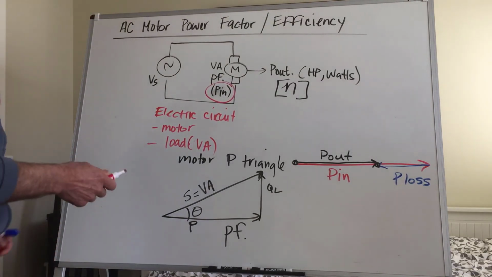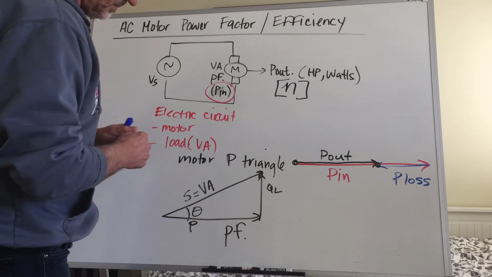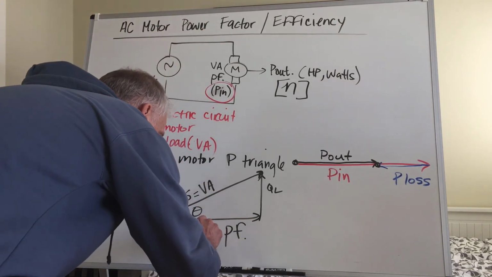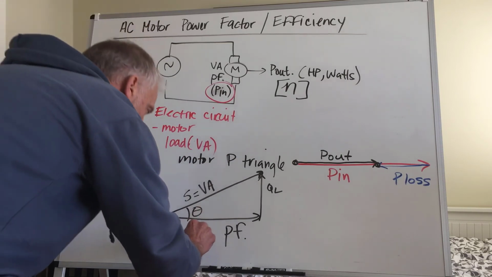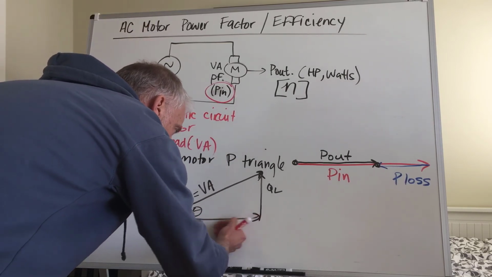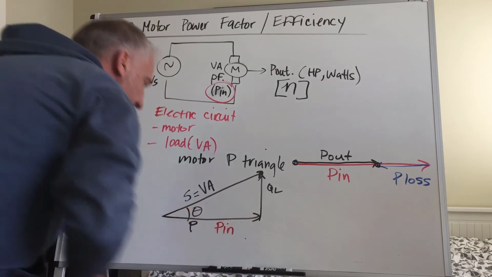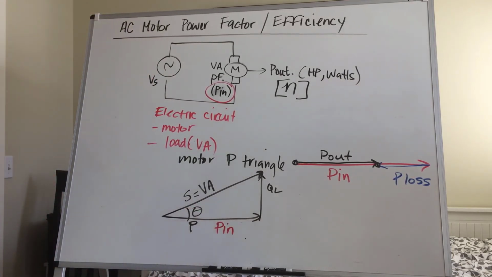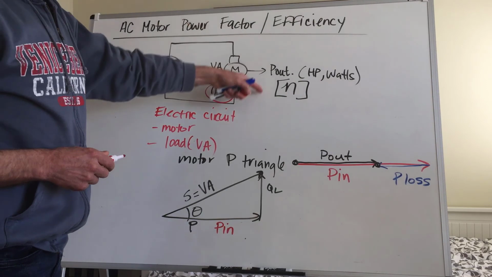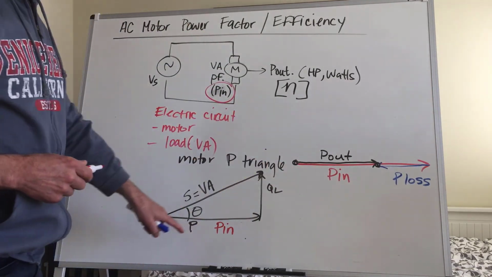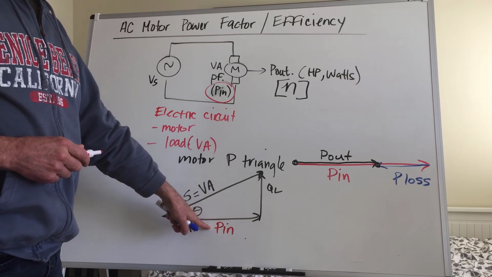So if we were to actually look at this motor power triangle here, that means down here, in terms of our power triangle, this is going to be our P in, right? So when we look at this in terms of the motor's values of real power, this is our P in value, right?